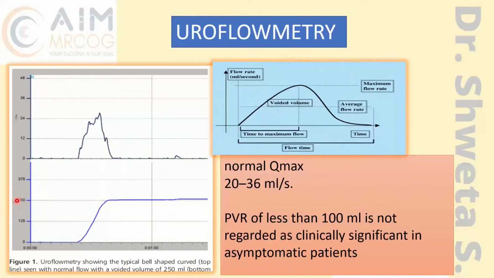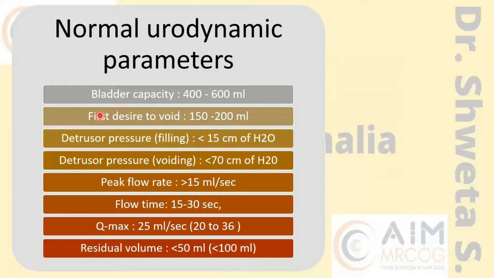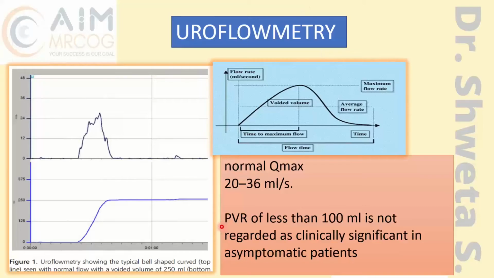And the volume, this is the volume, 250 ml, and we wanted more than 200 ml. So this is a valid uroflowmetry because our volume is more than 200, and this is a normal uroflowmetry because the curve is bell-shaped and Qmax is 25 to 28, and our normal range is 20 to 36. So we are happy about it.